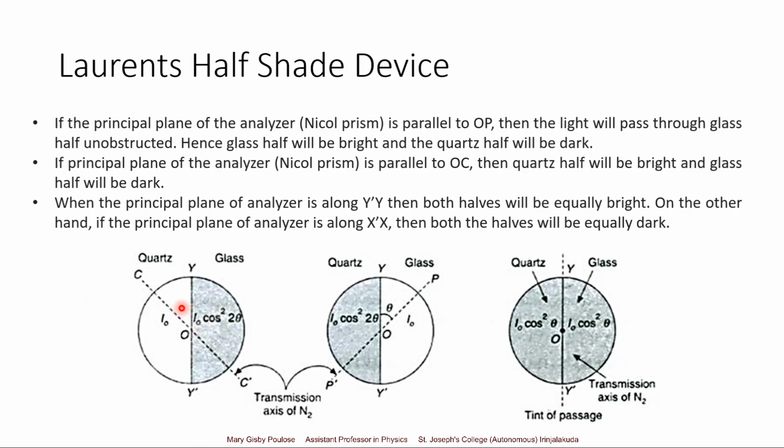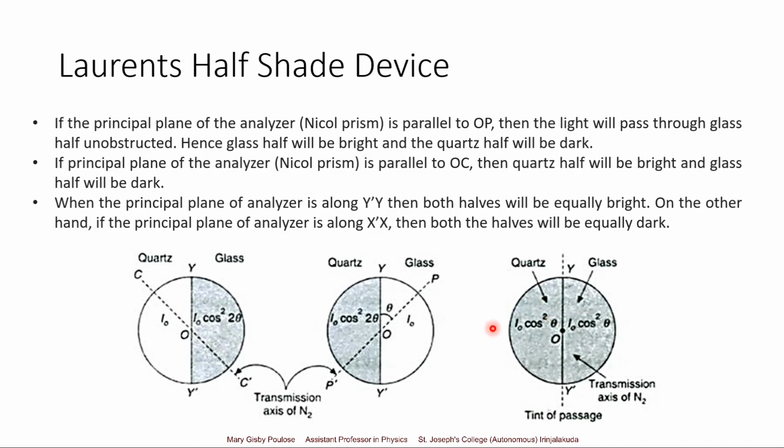Now, when the Nicol prism is oriented along the axis YY prime, it will pass some amount of light from the glass portion and also some amount of light from the quartz portion, so it will be equally bright.